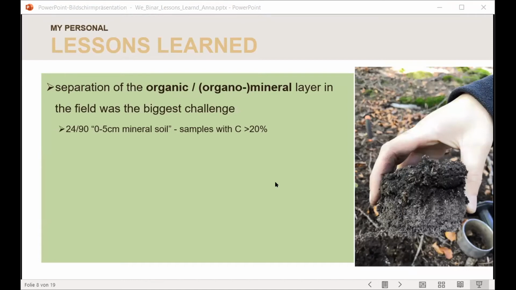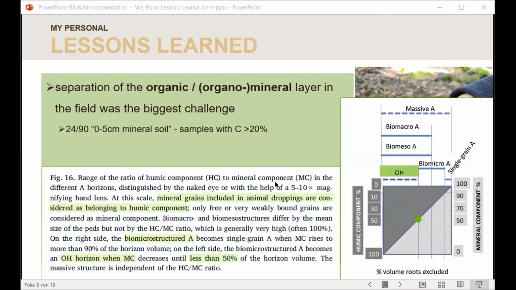Only afterwards I came across this graph in the Humusica articles. It shows the ratio between humic components and mineral components. And the awareness that the OH layer can contain up to 50% of mineral components is definitely higher than we assumed in the field.